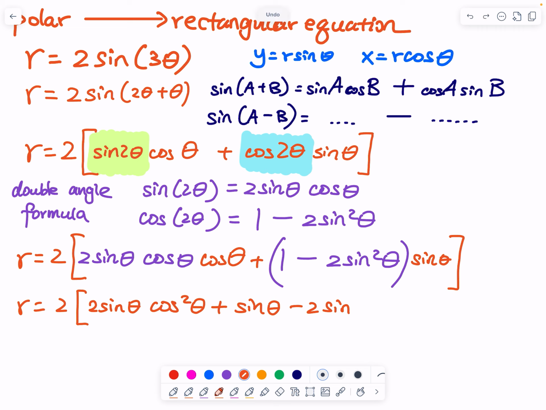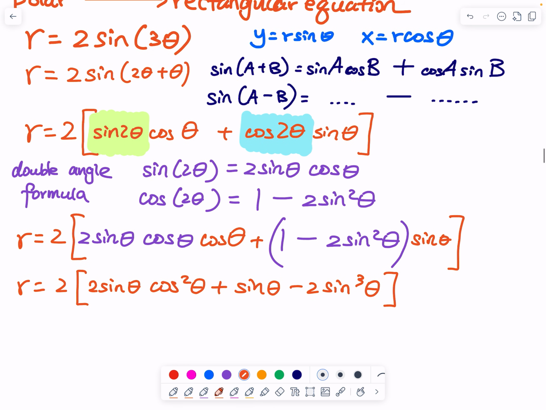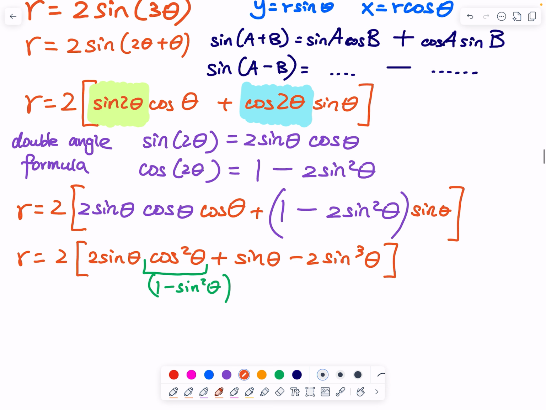Not sine square, sine times sine. That is sine to the 3rd power. Okay, a 3rd power and a square. Okay, how about for the square? For this square, I will change that to 1 minus sine square theta, and then I will do a distribution.